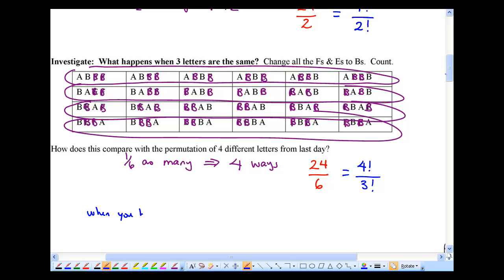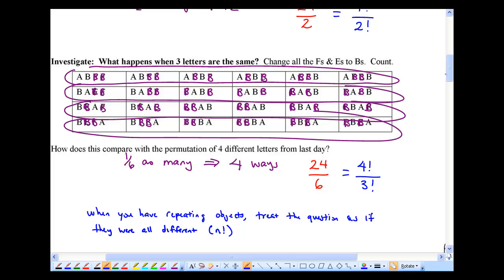So it seems like when you have repeating objects, treat the question as if they were all different. That's like the n factorial part.